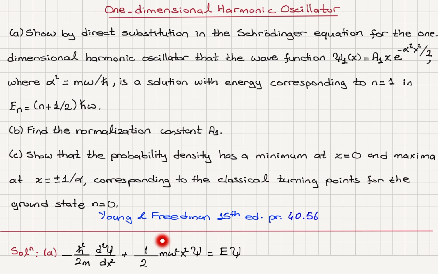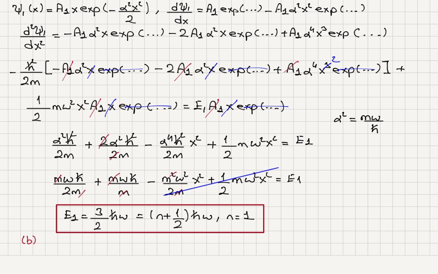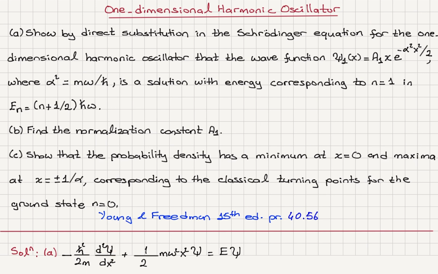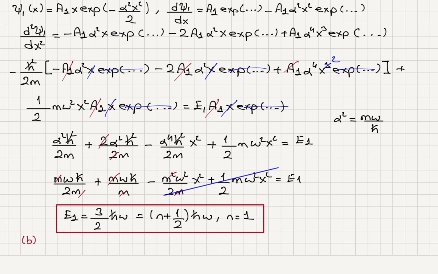So the Hamiltonian applied to psi is energy times psi. So I take the first derivative and then the second derivative, substitute into Schrödinger's equation, and I realize that these two terms cancel out if I substitute alpha squared equals m omega over h bar, and indeed the corresponding energy is 3 over 2 h bar omega, which is the n equals 1 solution for the energy levels of the one-dimensional harmonic oscillator.